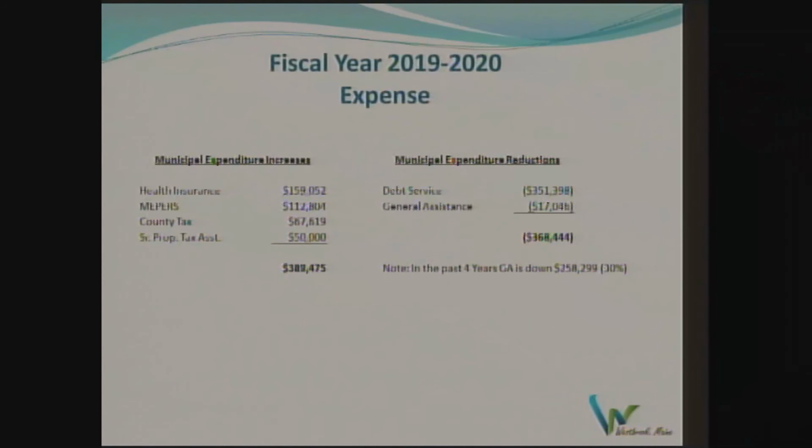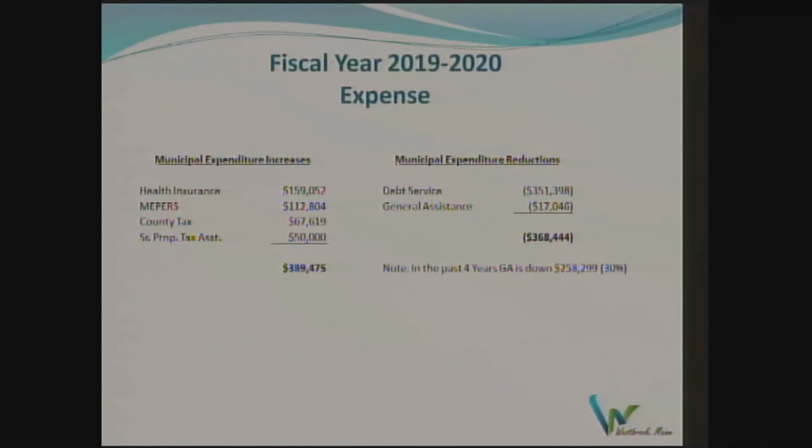The other category that actually shows a decrease, and while the individual decrease isn't itself significant, the trend that it reflects is. The General Assistance Program about 4 years ago hit a very high level. We'd had 2 years of dramatic increases that were driven primarily by immigration issues, dealing with asylum seekers, other folks who were coming to the United States, settling in Maine, and were struggling to get their foothold.